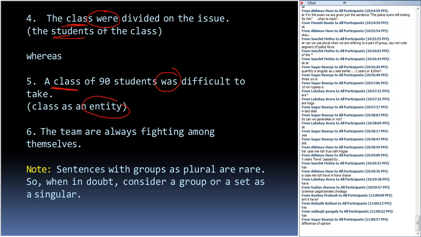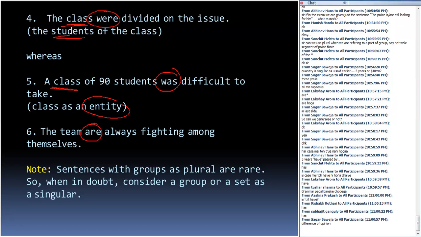Okay, number 6 says the team are always fighting among themselves, जबकि team तो singular होता है, but in 6 the intended meaning is the team members. अगर ऐसे लिखा हुआ आता सेंटेंस, इसका intended meaning होता है the team members.